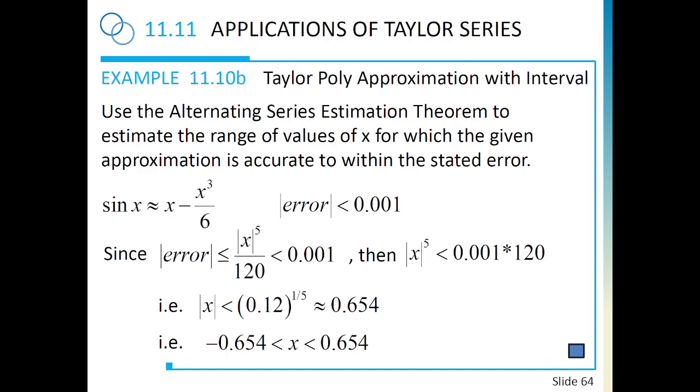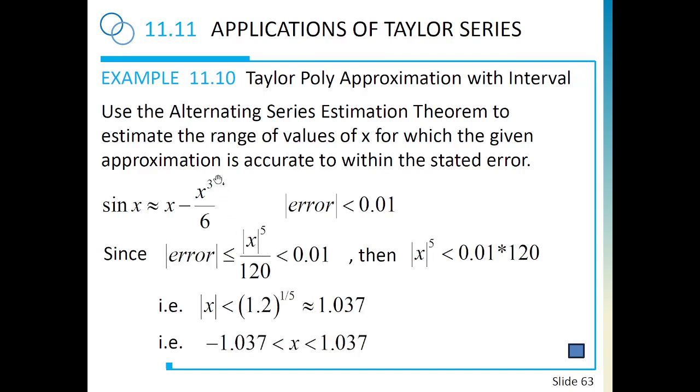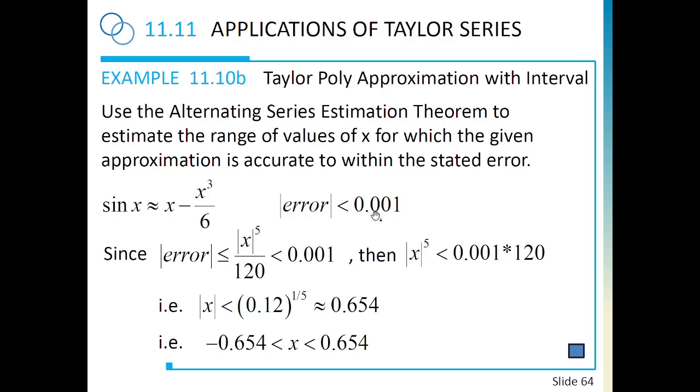So here is a similar question with the same polynomial; all we do is ask for tighter control on the error, so we want better precision. Here it was 0.01 and the next requirement is 0.001, so we actually want a much better precision, 10 times better. The procedure is the same.